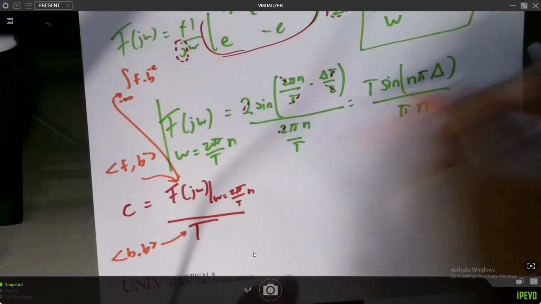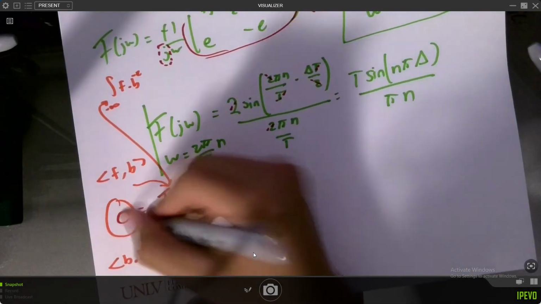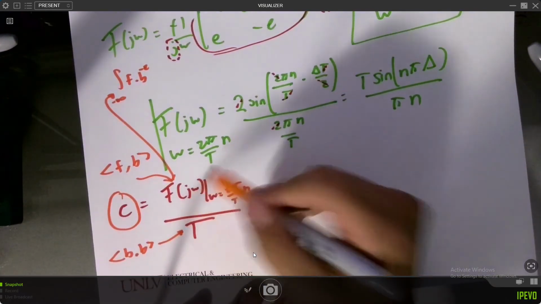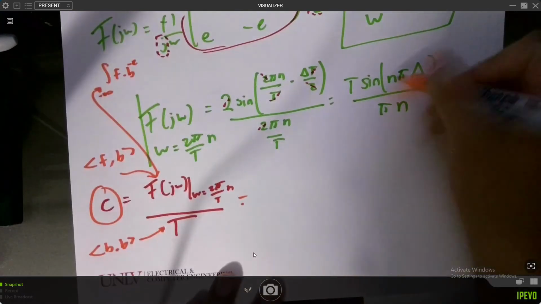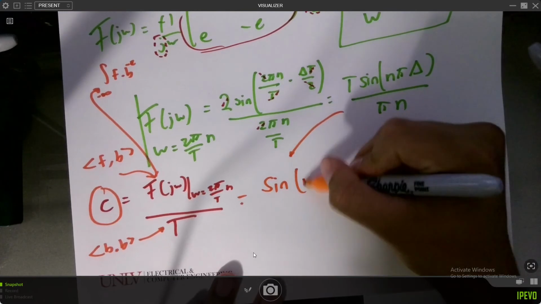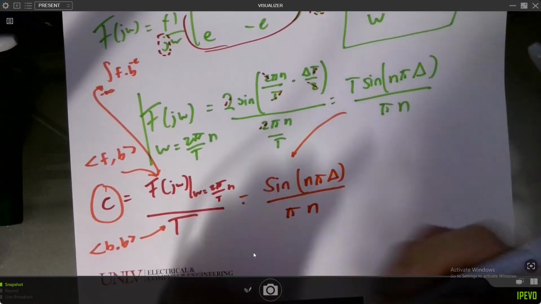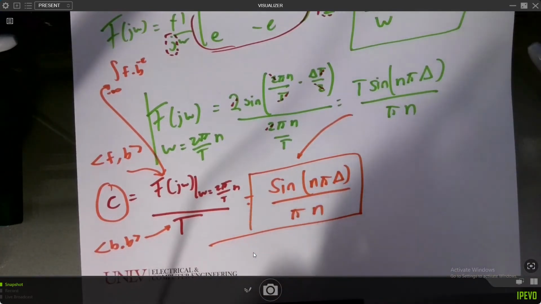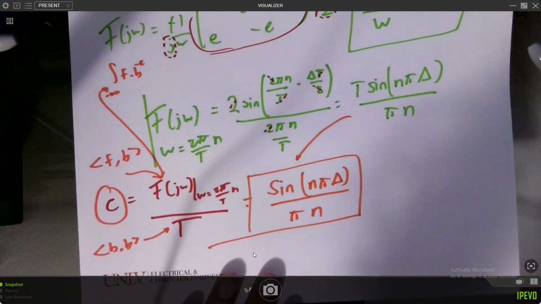So if you were to do this, the Fourier series, we want the c's, the weights, which is basically the Fourier transform sampled at this point, divided by T, and your final result is sine of n pi divided by pi n, and there you go. That's how you solve for that little problem right there. Okey-dokey, and that's how you do that problem.